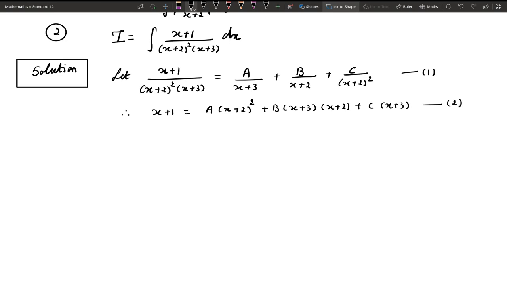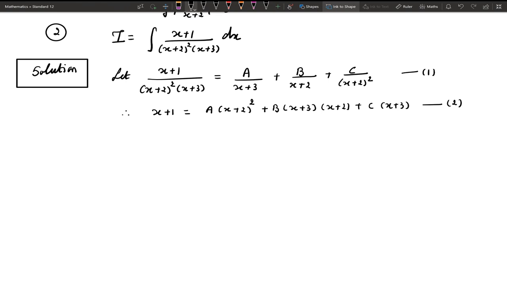Out of 3, 2 constants we can easily obtain using method 1. So from equation 1, when we take the right hand side LCM, we will get x plus 1 equal to a into (x plus 2) whole square plus b into (x plus 3) into (x plus 2) plus c into (x plus 3). The denominators on both sides we cancel.